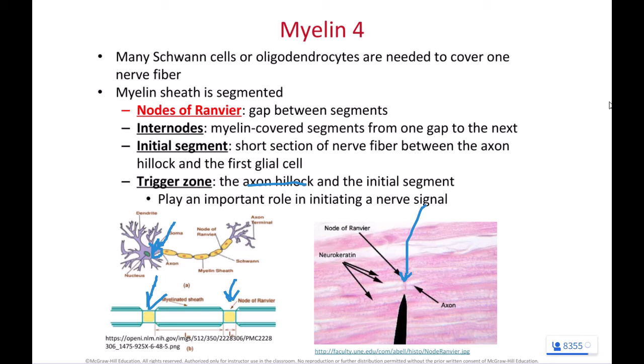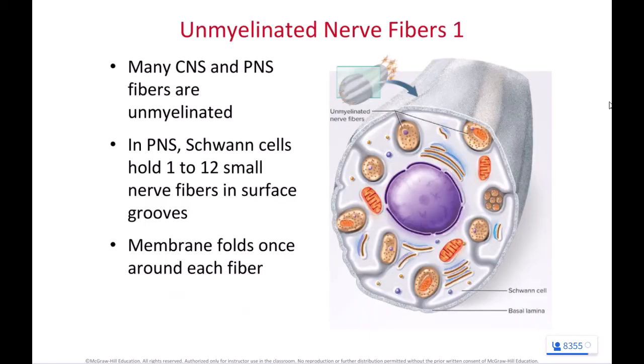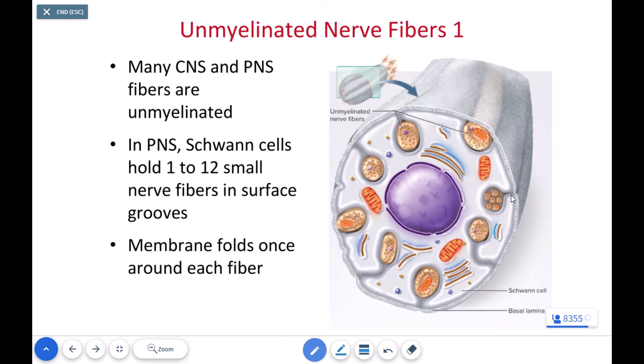Now, with the unmyelinated axons, we're going to have a strip down the length of the nerve fiber that's completely unmyelinated. So here's a segment right here that's unmyelinated. Here's a corner right there that's unmyelinated.